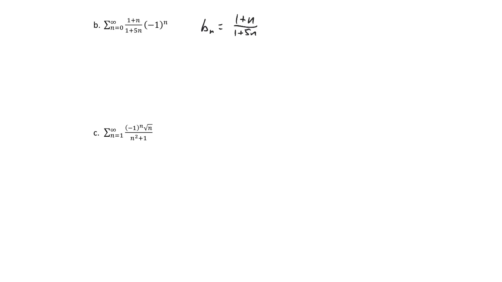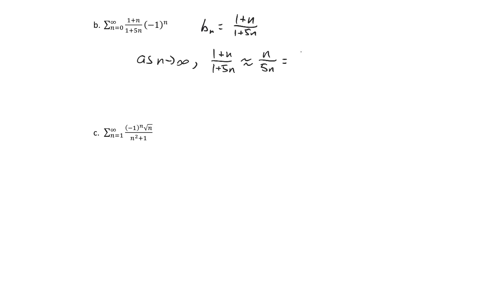Okay, so let's look at this. As n goes to infinity, 1 plus n over 1 plus 5n. Well, for large values of n, the numerator and denominator both approach infinity, so I can take only the most exciting terms, the ones that are larger, n over 5n.